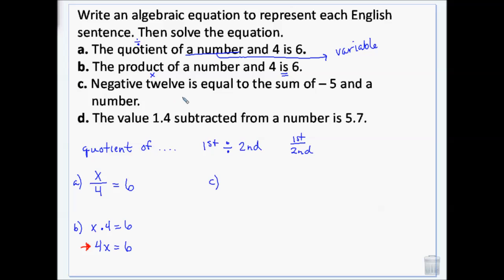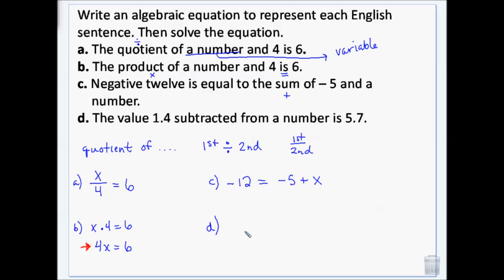Okay, negative 12 is equal to, so negative 12 is equal to, sum is addition, so the sum of negative 5 and a number. And D is the value 1.4 subtracted from.